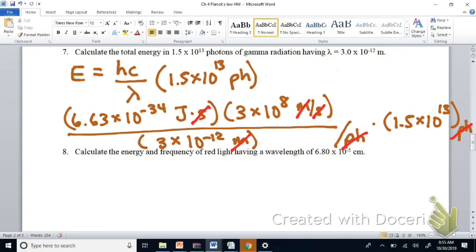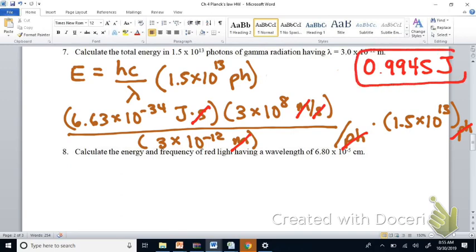So we have 6.63 times 10 to the minus 34 times 3 times 10 to the 8 divided by 3 times 10 to the minus 12, and then we're going to multiply that by 1.5 times 10 to the 13, and that gives me a total energy of 0.9945 joules. Which is our answer for question number 7.